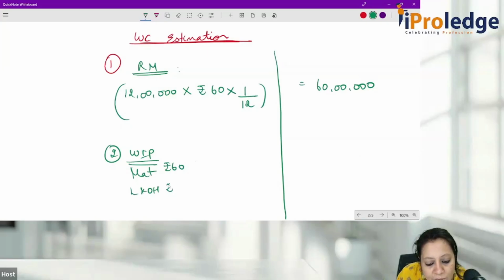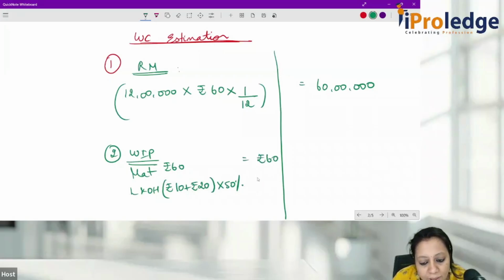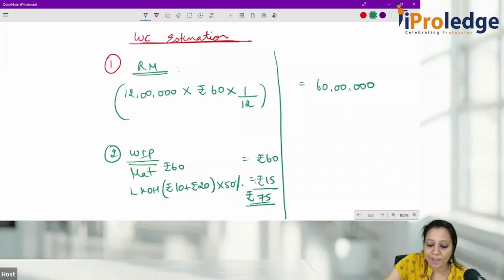And labor and overheads, as given in the last three lines, is 10 and 20, of the table towards the end, they have given this into 50 percentage. So it is going to be rupees 60 and 30 into 50 percent, which is 15. So totally 75 is the cost of WIP.